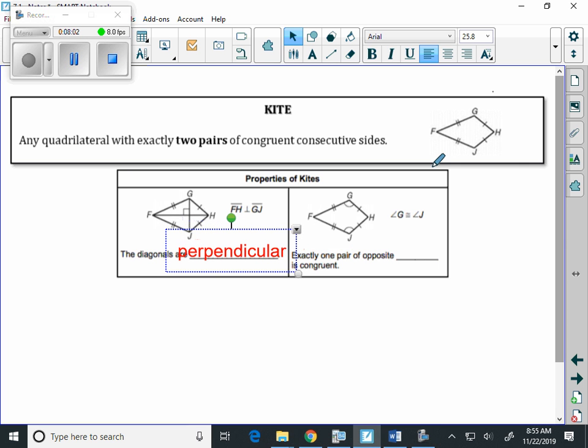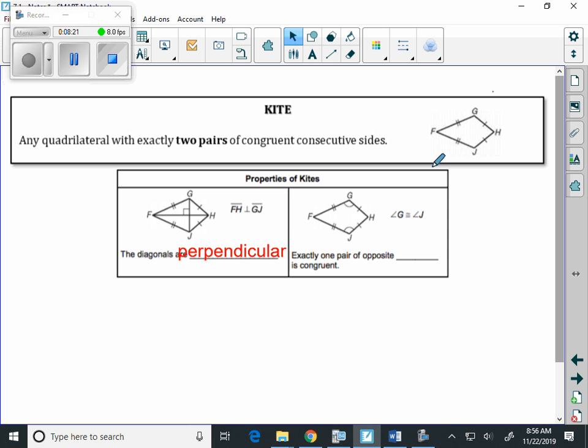They hit at 90 degrees. We see that in the picture. Notice FH, one diagonal, is perpendicular to GJ.